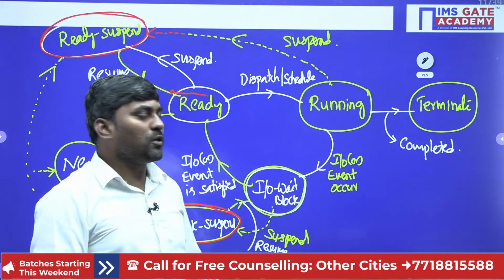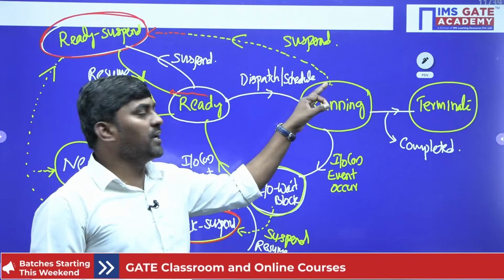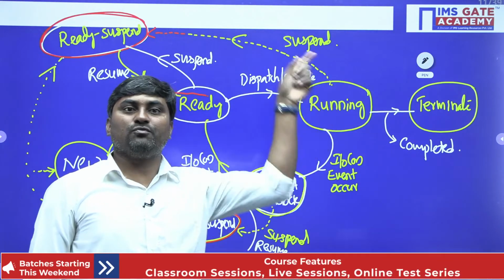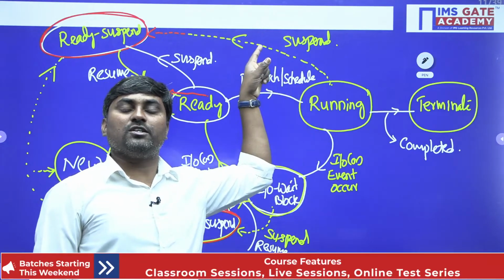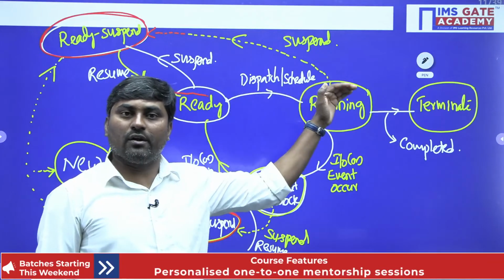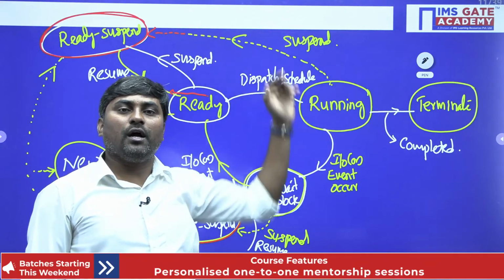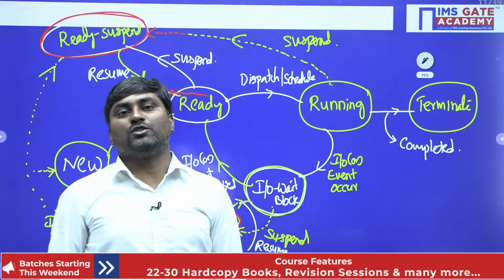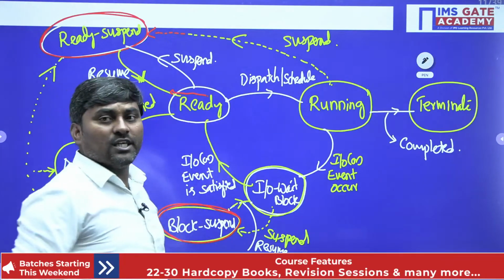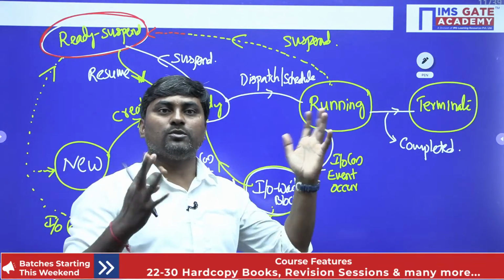That lower priority process may be running here. A lower priority process is running here, and a high priority process wants to come into the system. In such a case, we preempt the running process and send it temporarily into secondary memory, allow the high priority process to load and run. Once the high priority process is over, the lower priority process can be reloaded into main memory for execution. So that is the reason I mentioned the dotted line. A dotted line indicates it is not a mandatory line for suspension; in some situations it is required to be suspended.